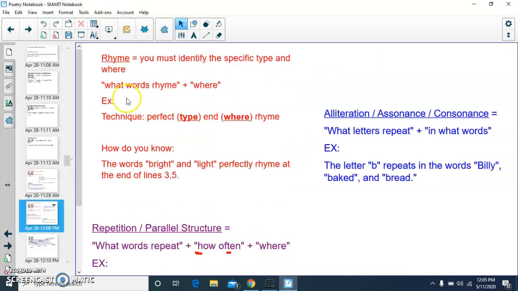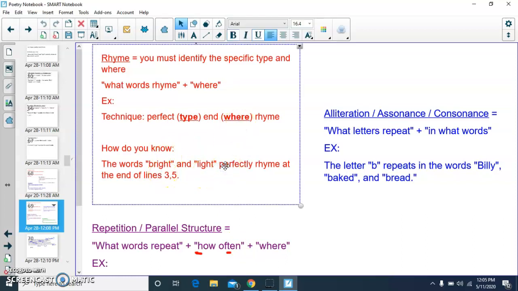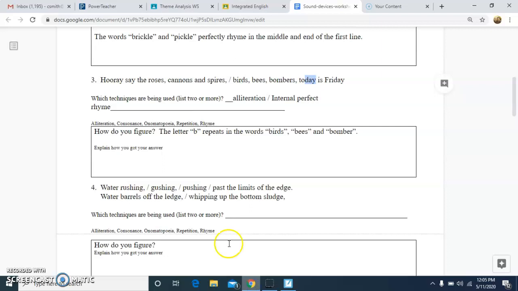When we explain rhyme, we want to explain what words rhyme where. Now, I can do this by saying what type and where, and I can also do that, if you look here in my example, perfectly rhyme at the end, and that would go back to perfect end rhyme. So let me explain to you how we could do that.